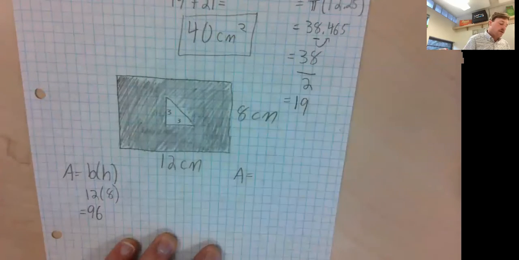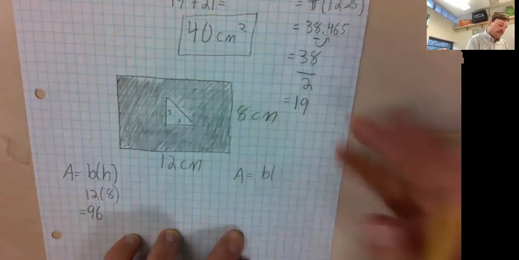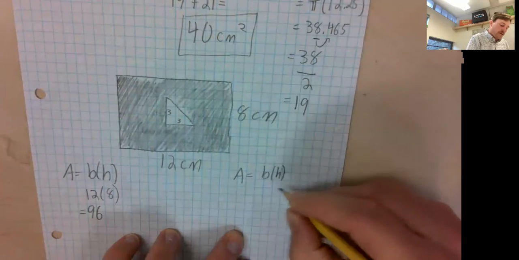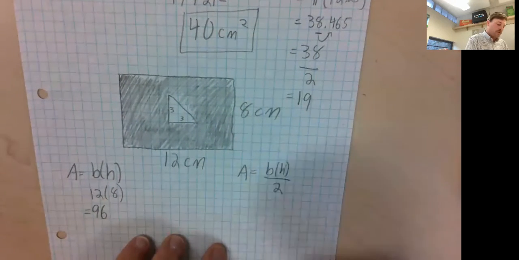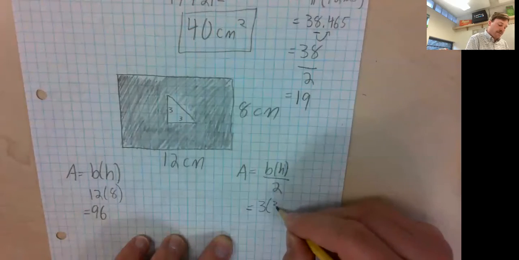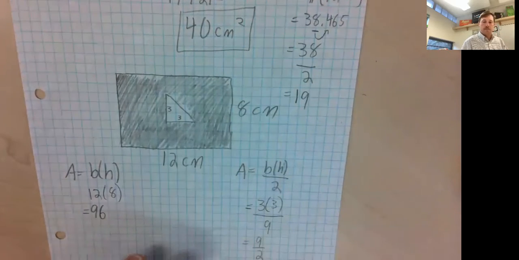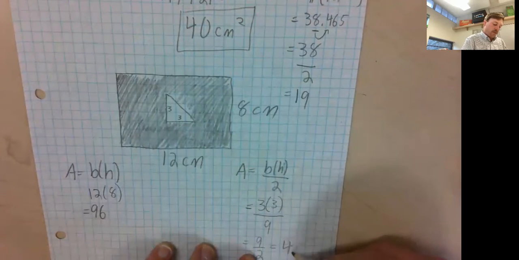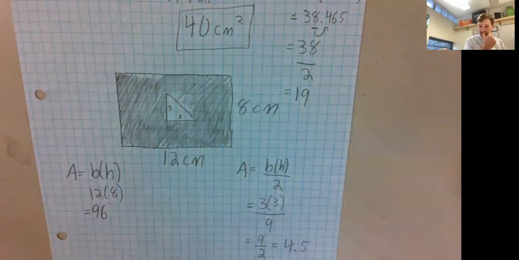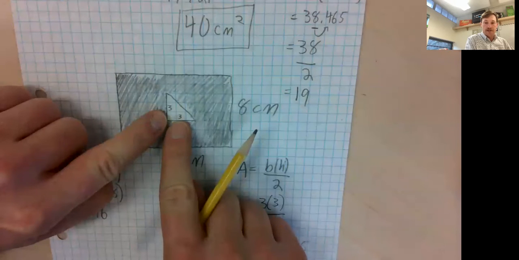It is a triangle, and I know that I need to do base times height all over 2. Base is 3, height is 3, all over 2. 9 divided by 2, that's going to give me 4.5. So the area in the triangle is 4.5 centimeters squared.